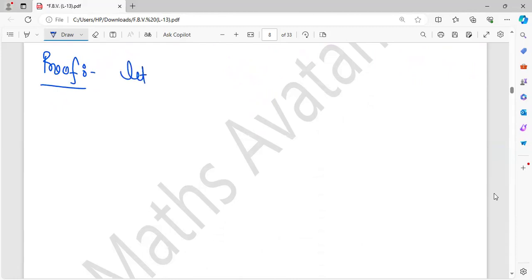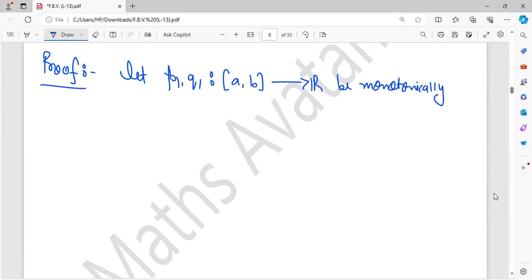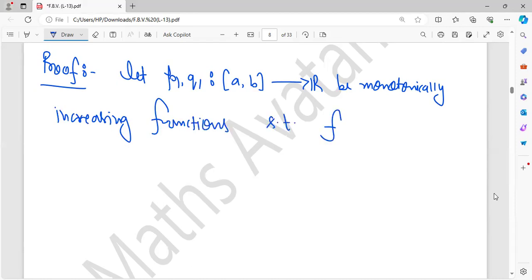Let P1, Q1 from closed interval AB to R be monotonically increasing functions such that F is equal to P1 minus Q1. By the question just above, we have done the question above.